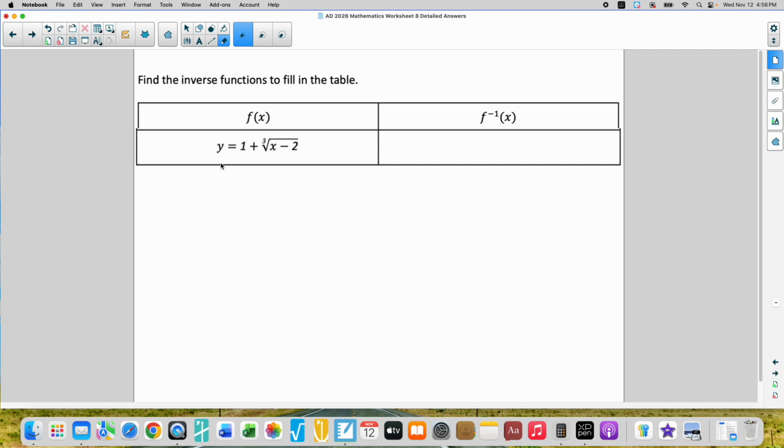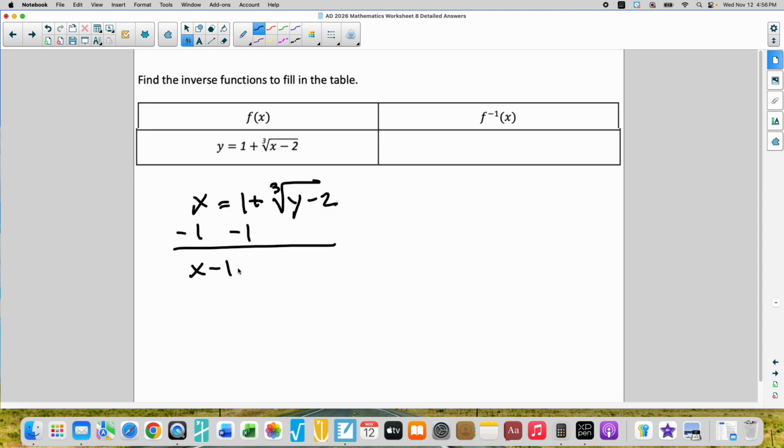Ooh, I like this. This looks super fun and challenging. 1 plus the cube root of x minus 2. Let's replace them. Let's make this x. Let's make this y. So let's minus 1 first. X minus 1 equals the cube root of y minus 2 cubed.